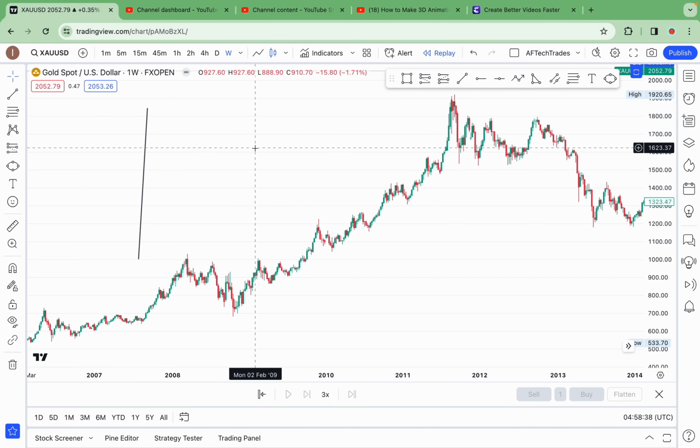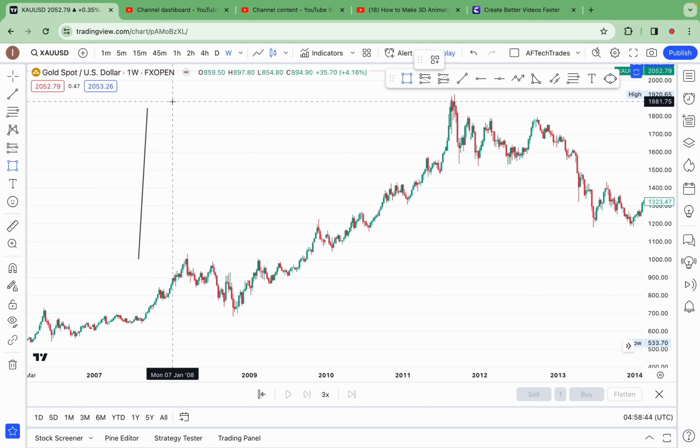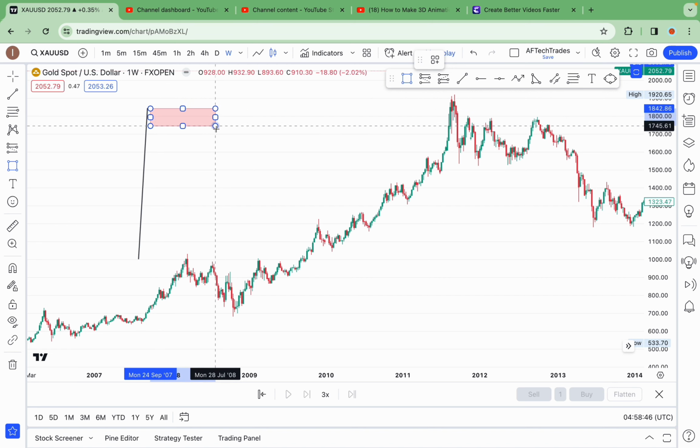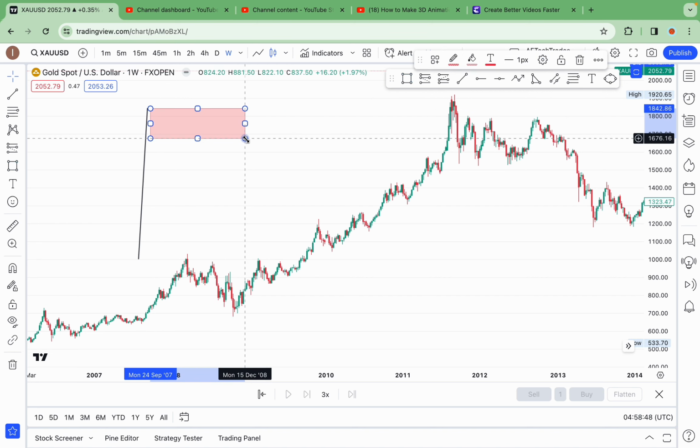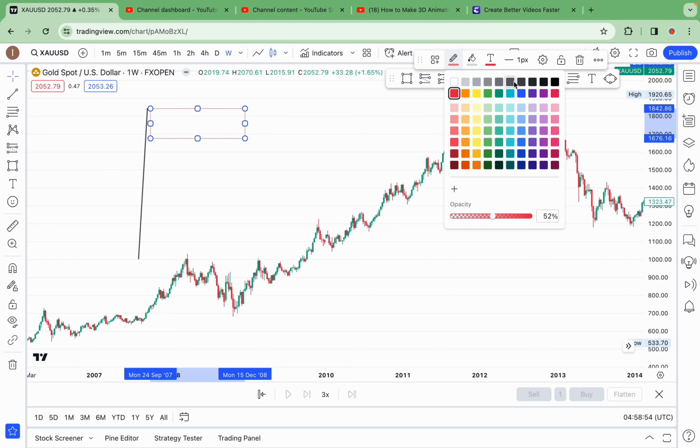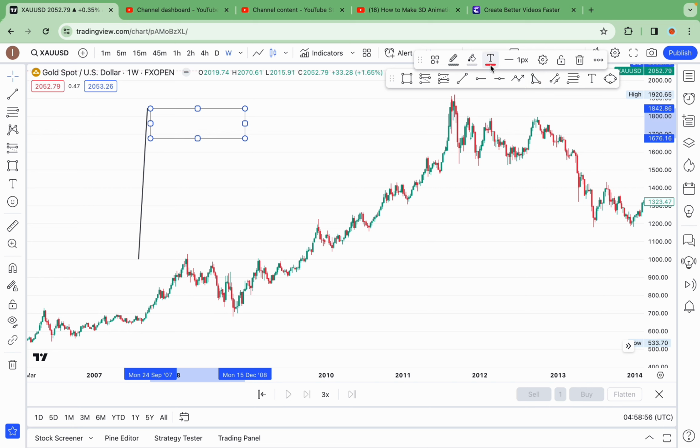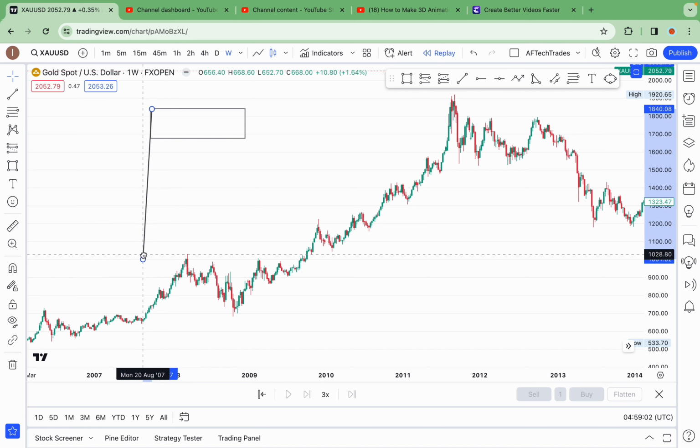So what I'm saying is, for a rectangular flag pattern, you could have something like this. Change this to no fill, change the line to black, then thickness to 2. So don't mind my drawing, it's just for explanation.